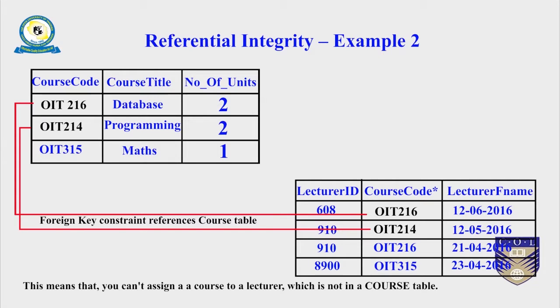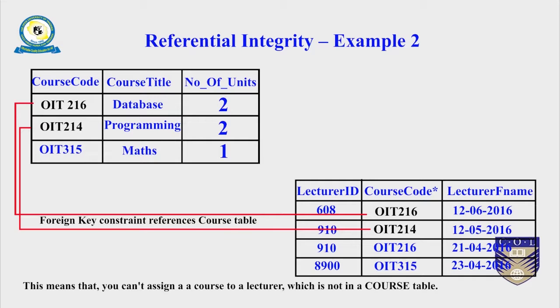We've got a course table and a lecturer table, whereby the course table has 3 columns: course code, course title, and number of units. And then we've got a lecturer ID, a course code, and a lecturer name.